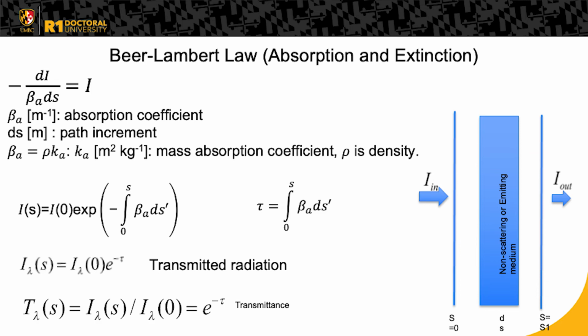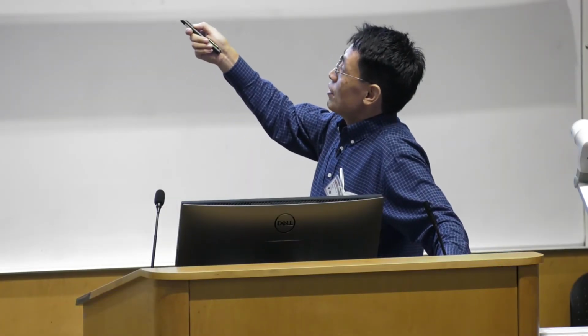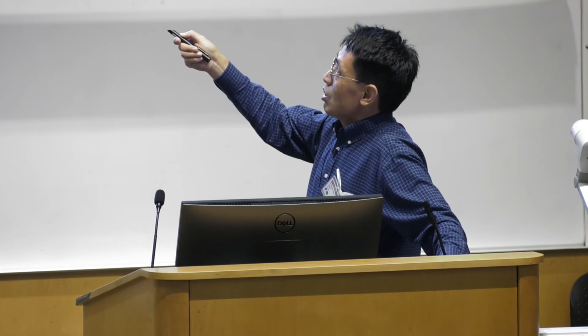And mathematically, that leads to the Lambertian law. And a few terminologies: we call this the absorption coefficient. The dimension is 1/meter, which is the absorption cross-section that we talked about, times the number density of the particles.